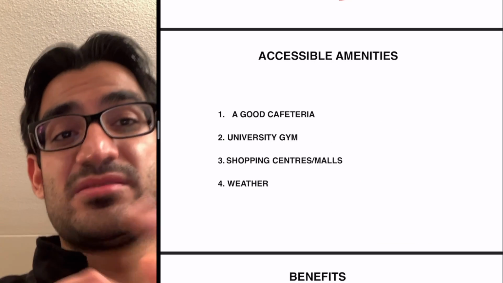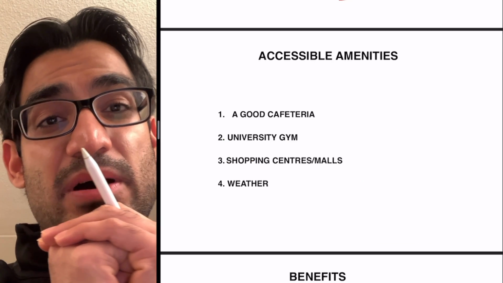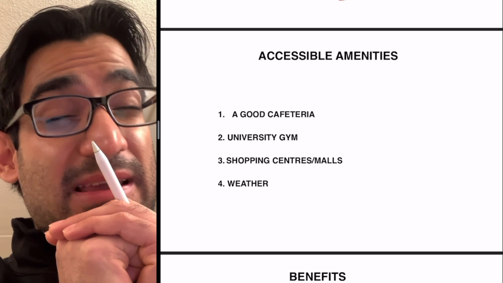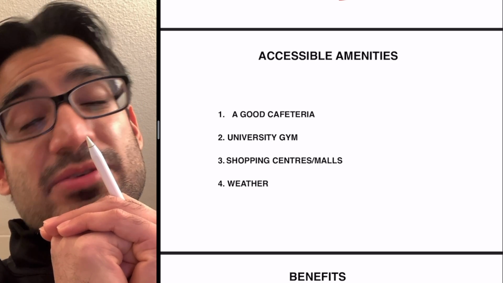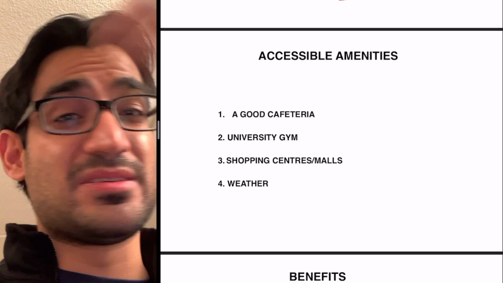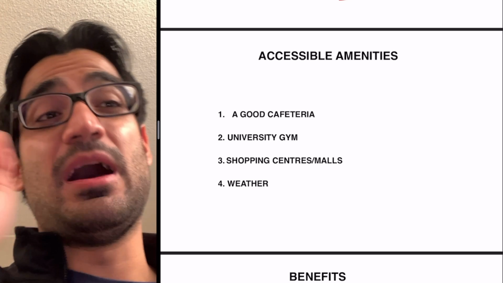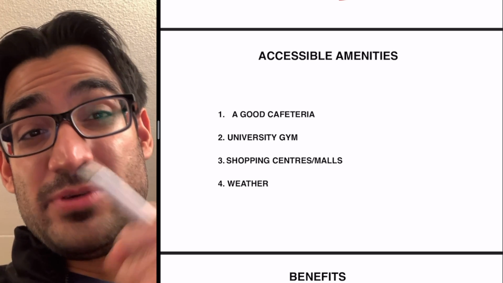When you think about accessible amenities, I'm talking about amenities that you need daily, and not something that you're going to go on a vacation for once a month, twice a month, thrice a month. I'm talking about day-to-day amenities.